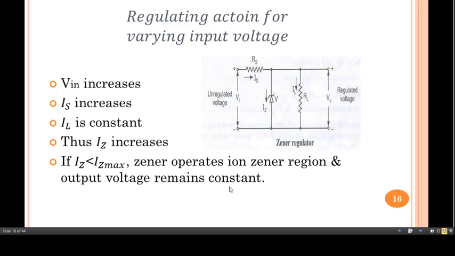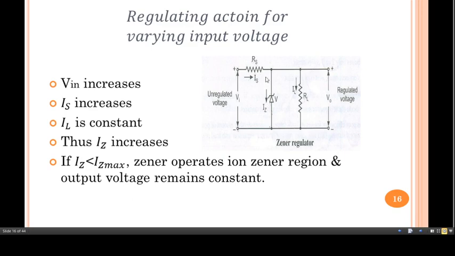As we have seen on the characteristics, when the current through the Zener diode varies between Iz minimum and Iz maximum, the Zener diode is working in the Zener region, meaning the voltage across the Zener diode is constant. So even though the current through this branch increases, if that current is less than Iz max, the Zener diode will operate in the Zener region and across the output we will get the Vz voltage, which is the voltage across this Zener diode.